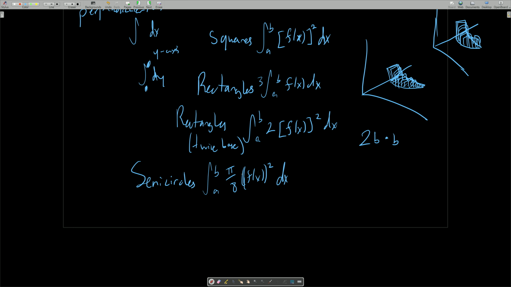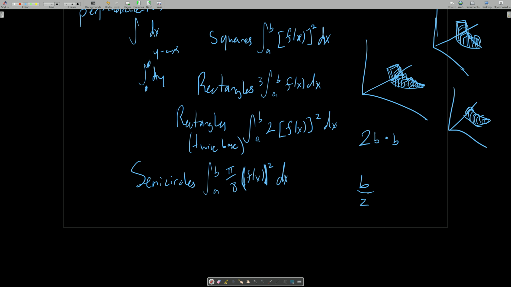Alright, so the reason this is pi over 8 is because, I'll draw another diagram here. Semicircles, right? It's going to look something like that. I'll replace this f(x) with b, right?